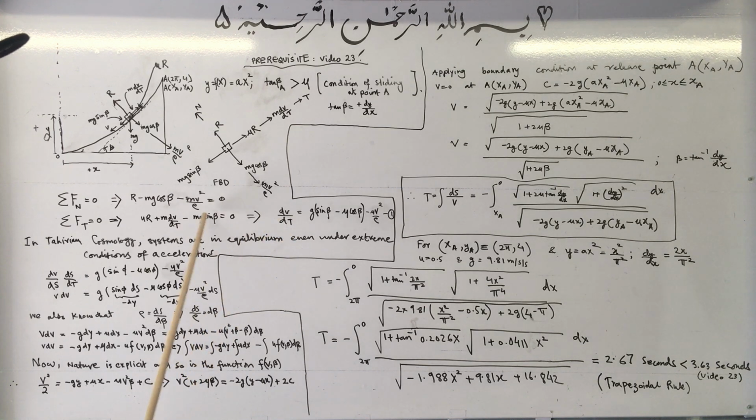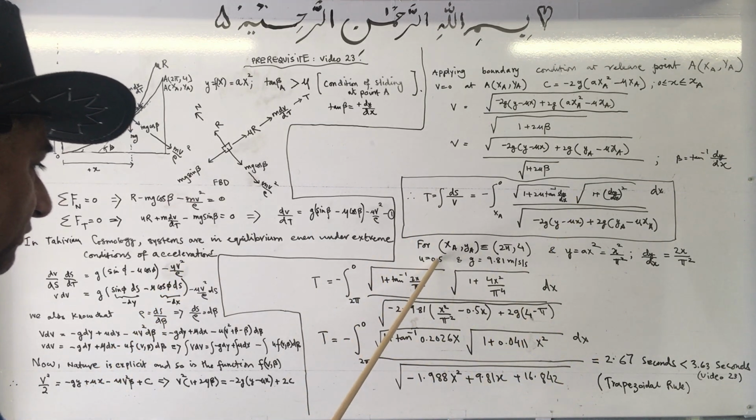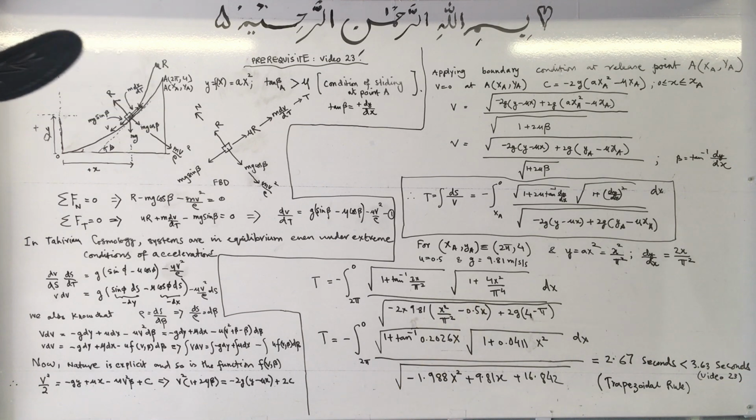So from here you get dv over dt is equal to g sin beta minus mu g cos beta minus mu v square over rho. So this is equation 1. Okay, so break this up by using the differential ds, the differential of arc length, as in my video 23: dv over ds, ds over dt as usual, g sin beta minus and so on, minus this extra term, where mu is the coefficient of friction, which is 0.5 for calculations.